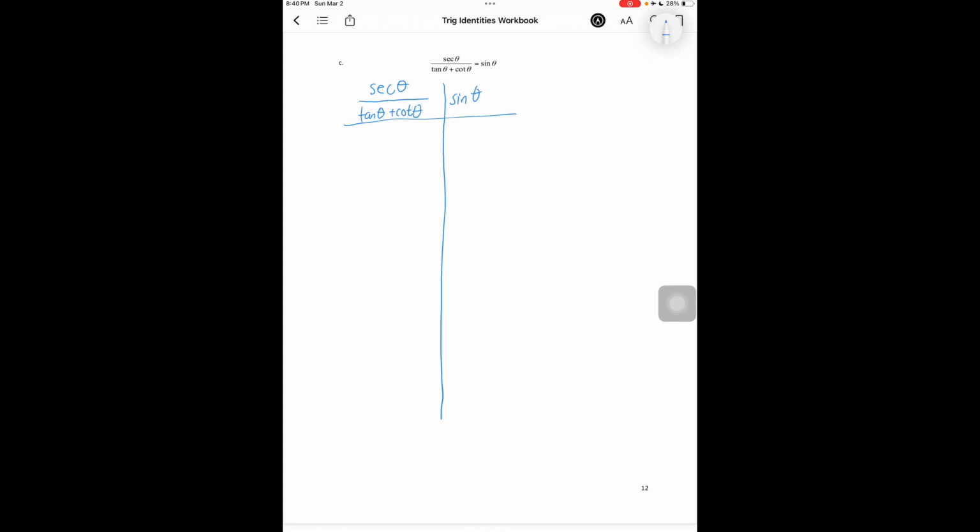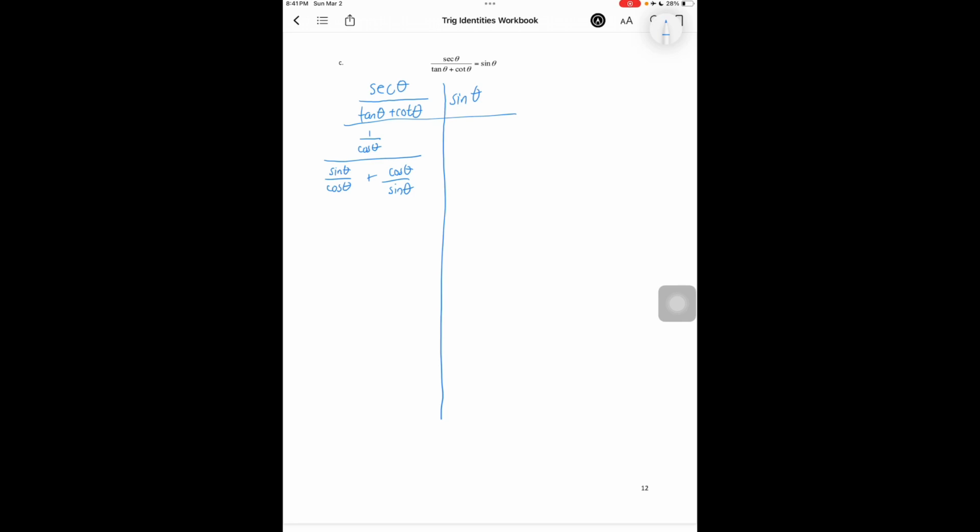So now we're going to convert everything in terms of sine and cos. So this is 1 over cos theta, all over sine theta over cos theta plus the opposite way around, cos theta over sine theta.